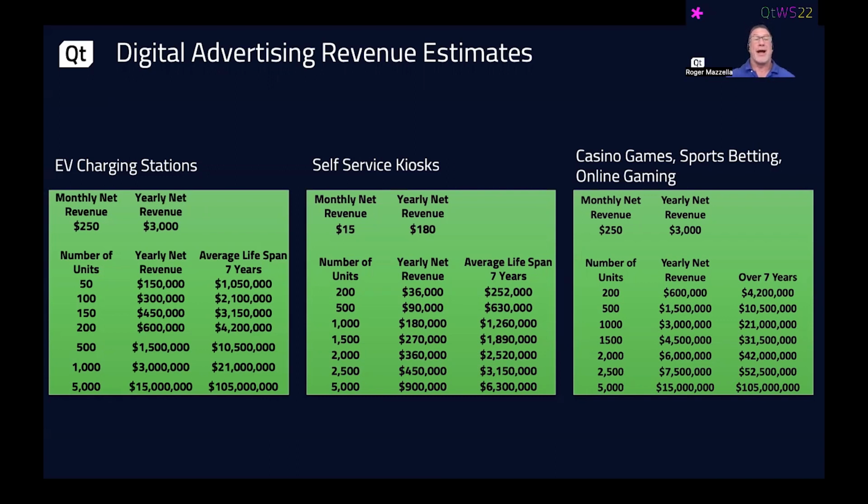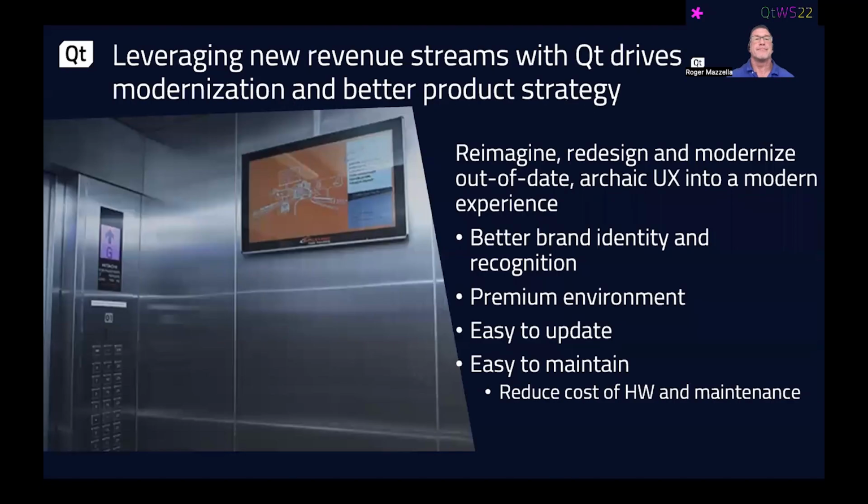You're not talking about tens of thousands or hundreds of thousands of dollars. You're talking about millions of dollars in revenue streams. And this is each type of product. Some really significant transformation going on here to your business when you're bringing in money like this.